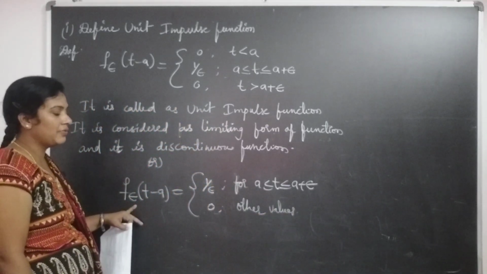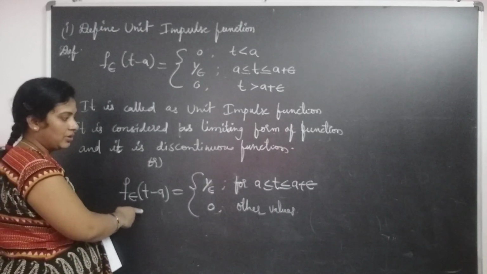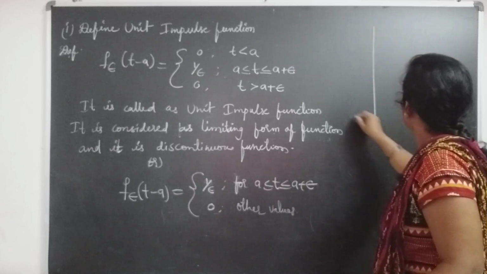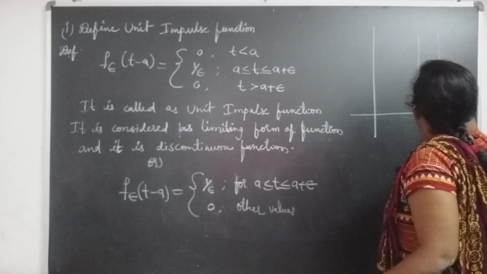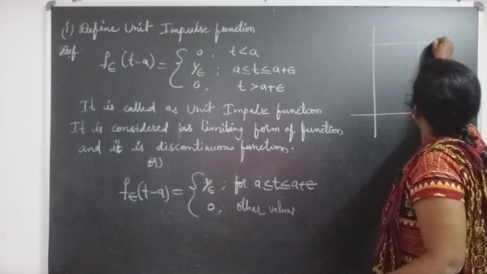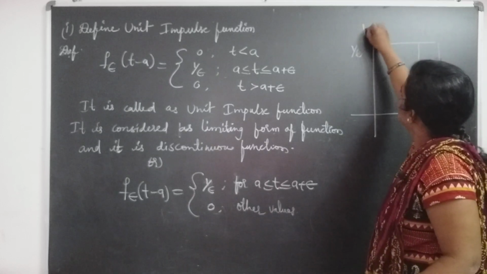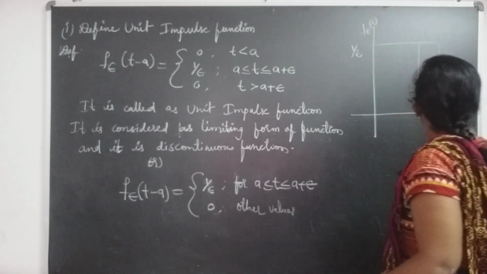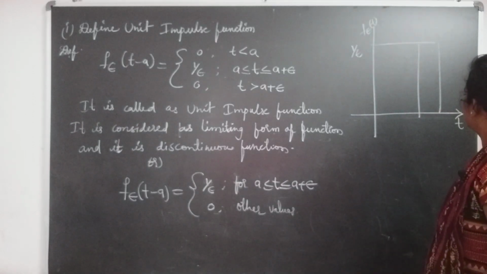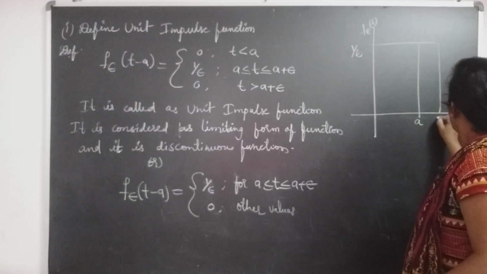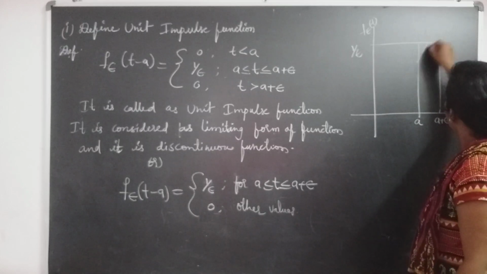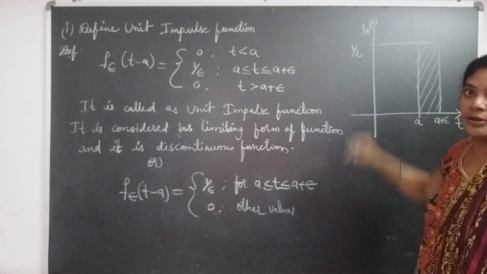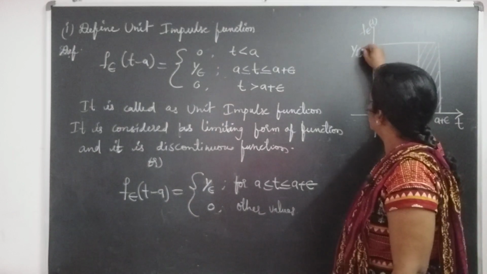On the graph, the x-axis is time, with a and a plus epsilon marked. In this period only the function value is 1 by epsilon.